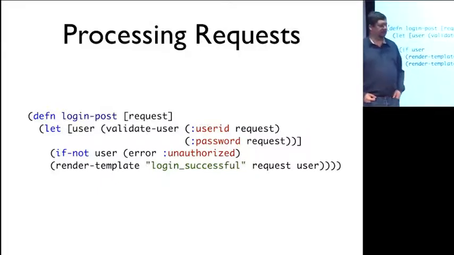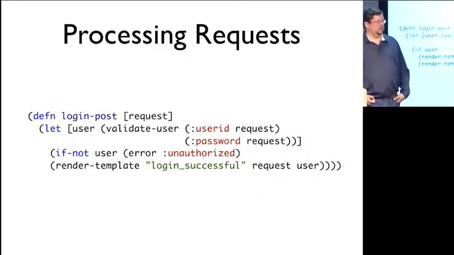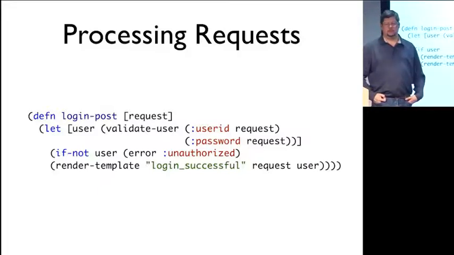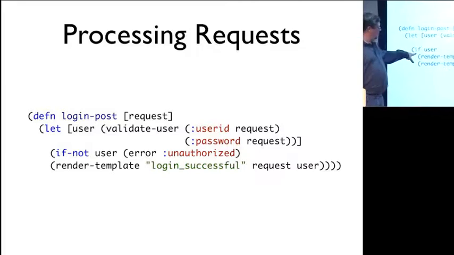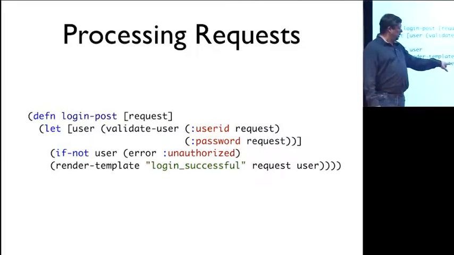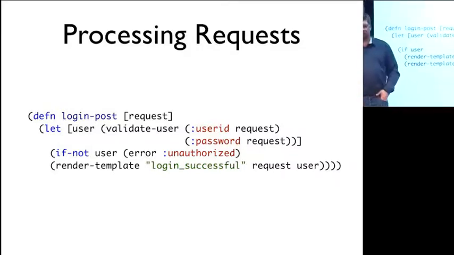Now, you do have to be kind of smart about how you do the work and what your return values are, but it's fairly easy to get around those issues if you have them. In this case, we're rendering an error template in some cases.